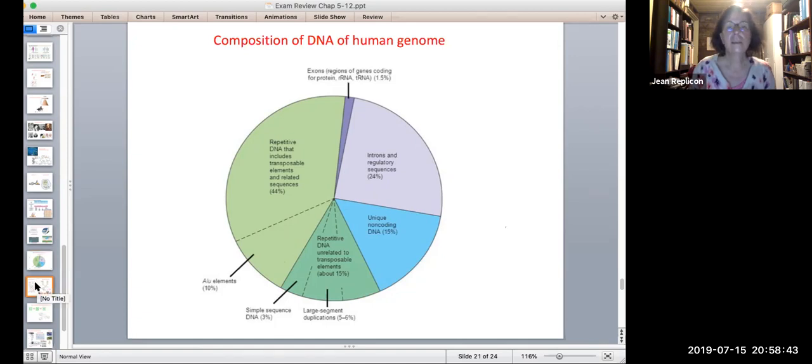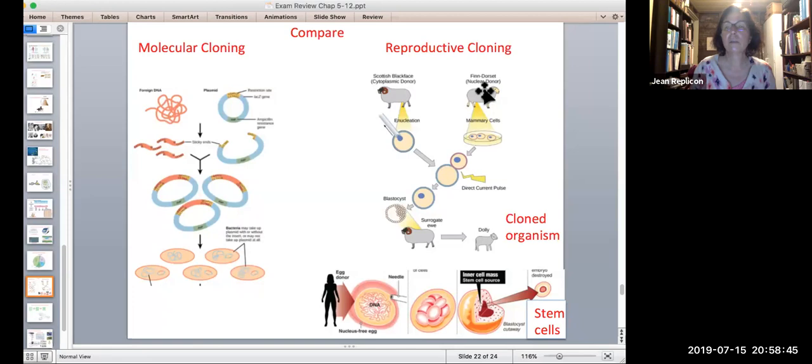Okay, I wanted to now compare molecular cloning with reproductive cloning. So molecular cloning requires restriction endonucleases. And what happens is that you cut some foreign DNA, it can be any source, and very commonly DNA of a bacterial plasmid, because they're so convenient for this.